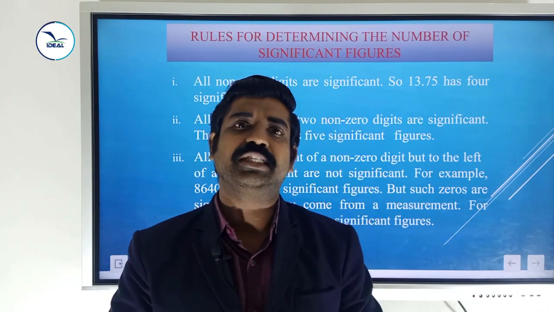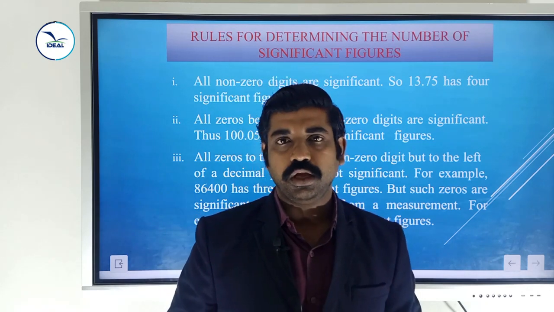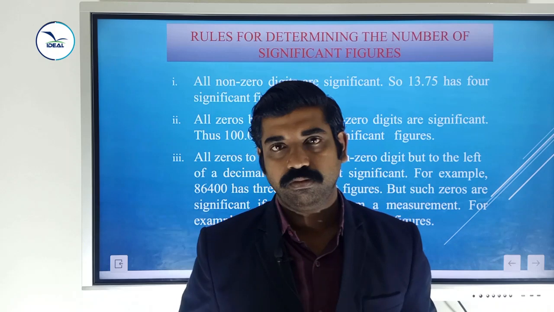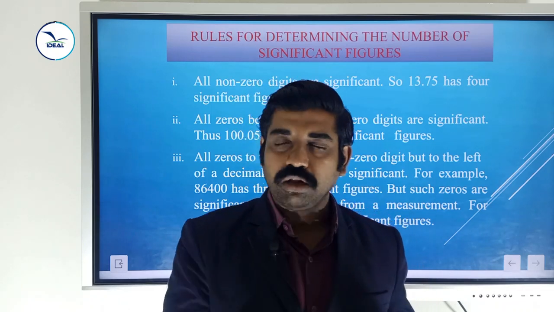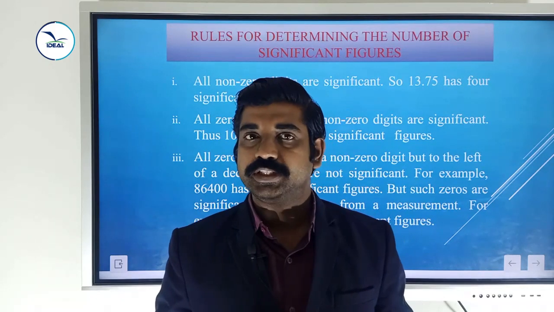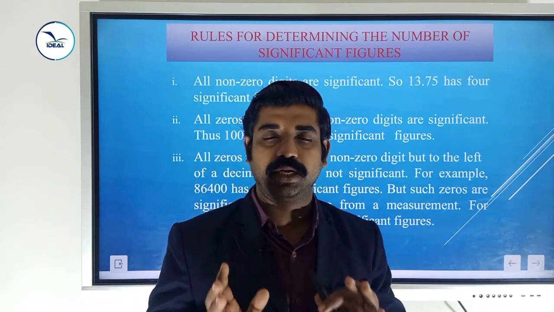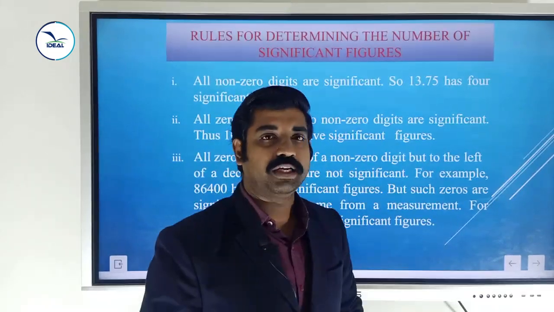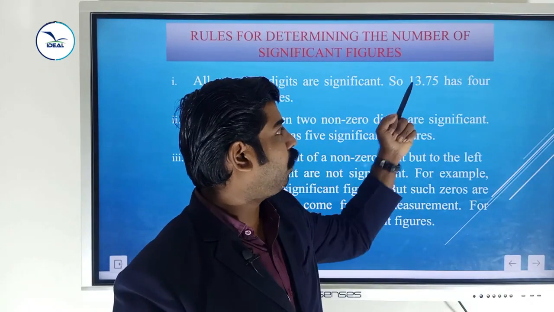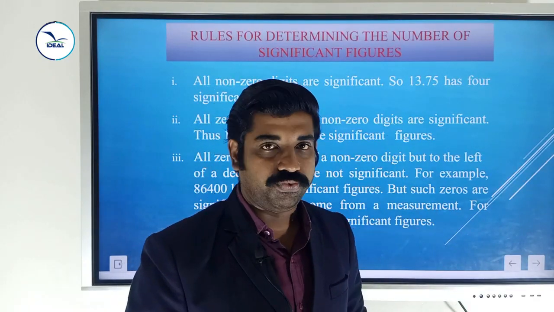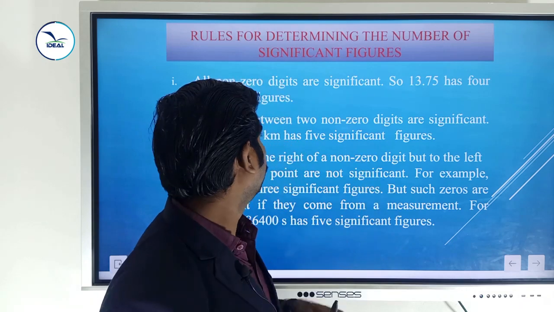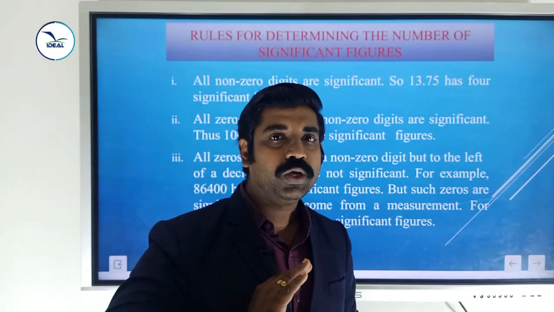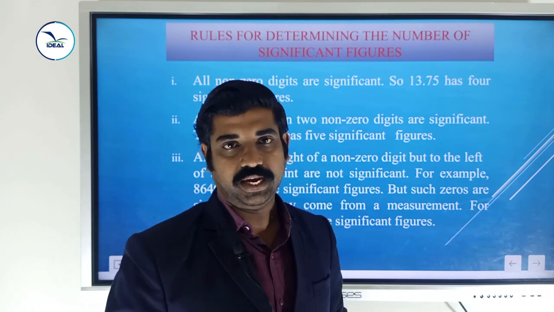If we consider the number 1, 5, 6, 7, all the digits are significant because they are non-zero. For example, 13.75 has 4 significant figures. So that is the first rule: all non-zero digits are significant.